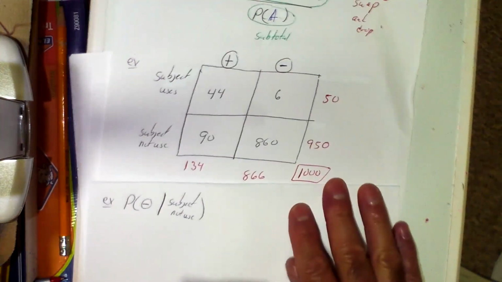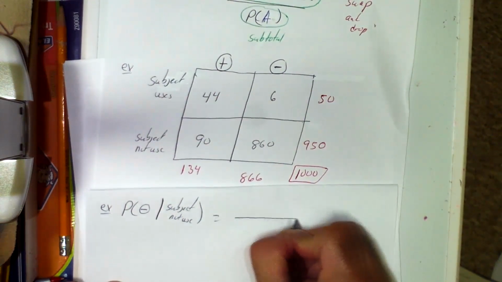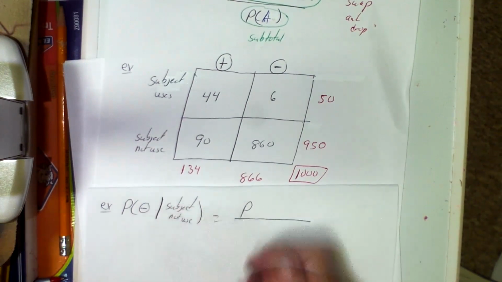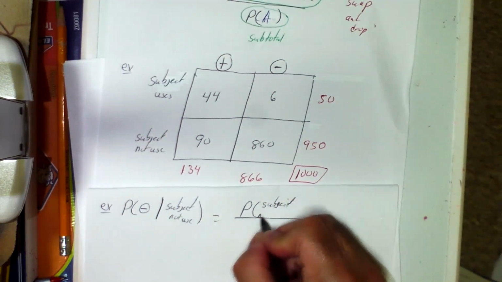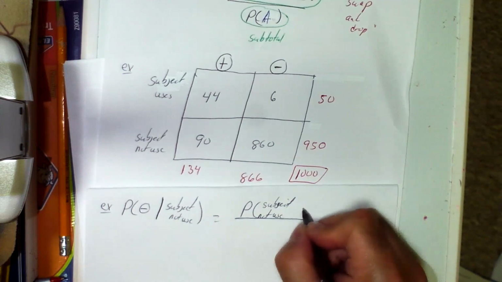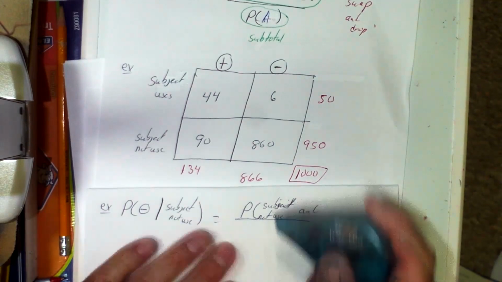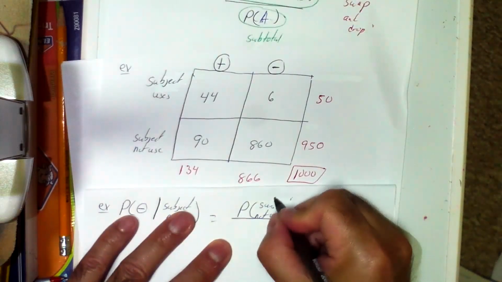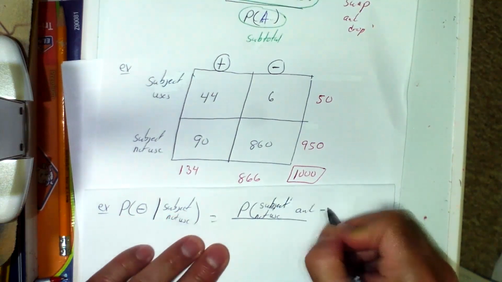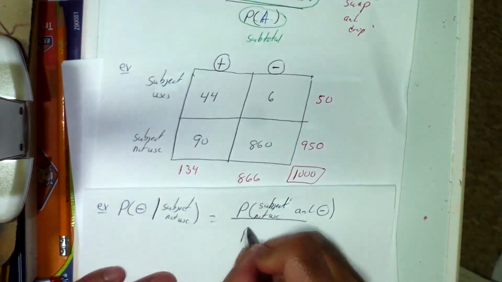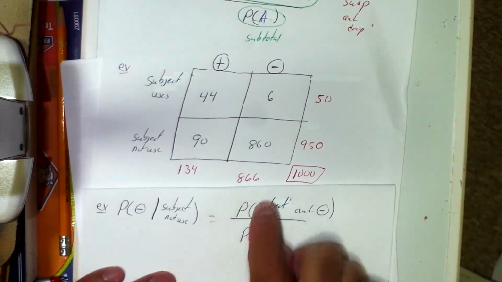All right, let's go through the motion. We're going to do the swap and drop. So I'm going to reverse those: subject not used and negative, divided by probability of subject not used. Always the first one, when you do your swap, the first item comes down.